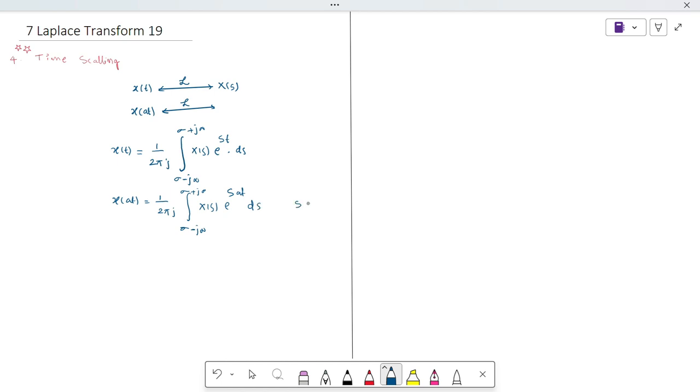Now I'm assuming s into a equals another variable in the s domain. We can take s naught, but since s naught is already a constant, take s dash. So ds equals ds dash by a.